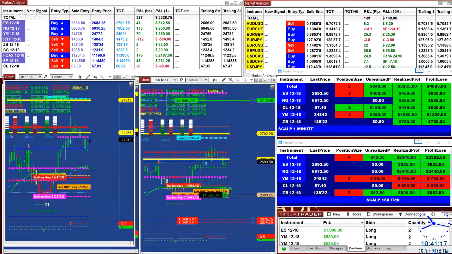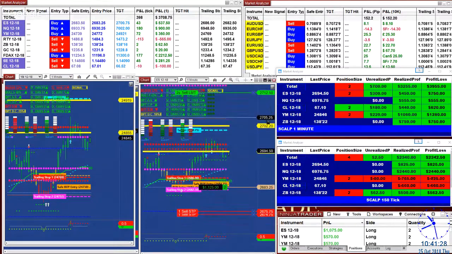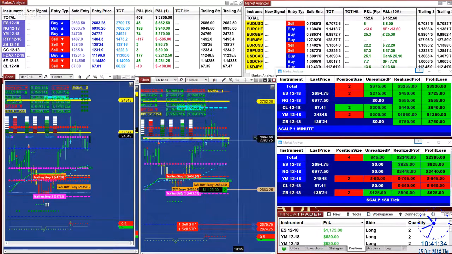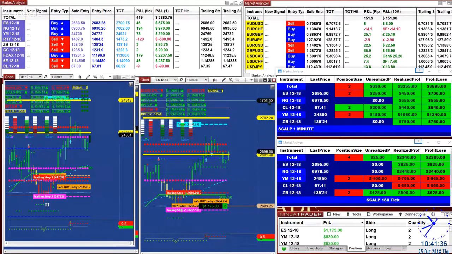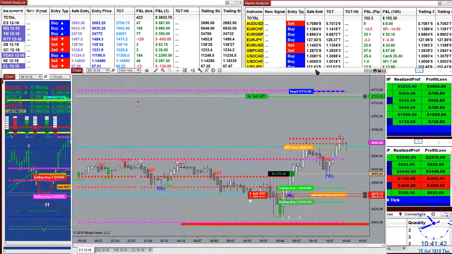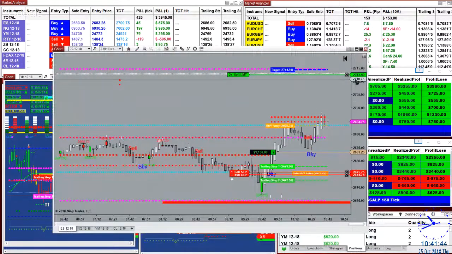Now, what we have, let's go back here. What we have is a problem again on the double resistance line, and we have the projection at 2691.50, and it is a matter of time before we are able to break it. This is a very clean picture on the 3 minutes.